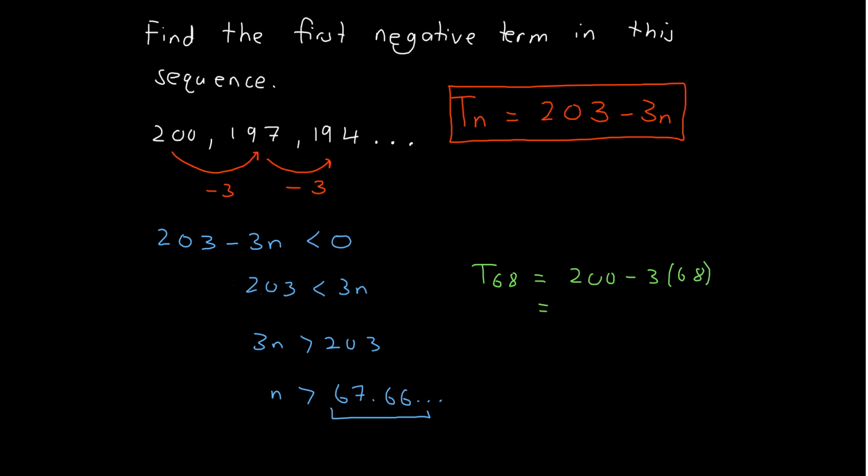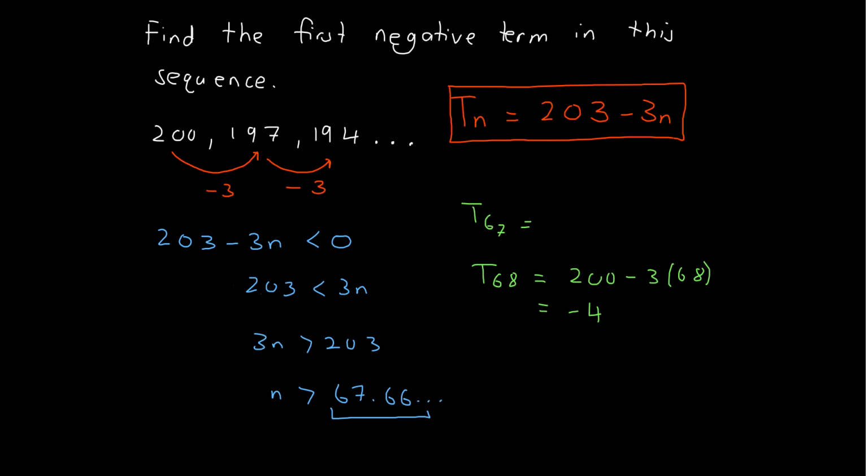So we go 200, and I'm just typing into my calculator, minus 3 by 68 equals... and t of 67, and let's take a look. 203 divided by 3, and t of 67. I was looking at my calculator as I was drawing that, t of 67 equals... oh, and hang on, I can see the error here.